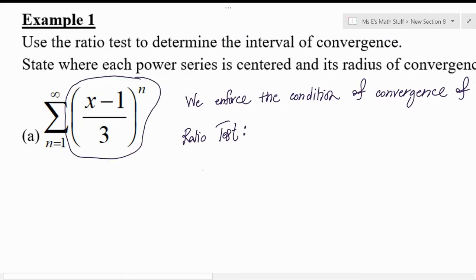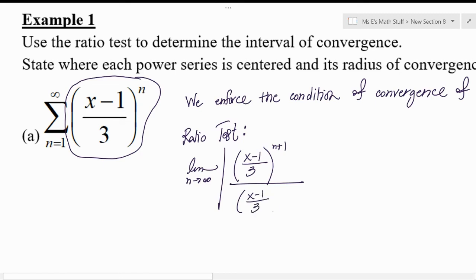So we would take the limit as n approaches infinity of the absolute value of the quantity (x minus 1) over 3 to the n plus 1, divided by (x minus 1) over 3 to the n.